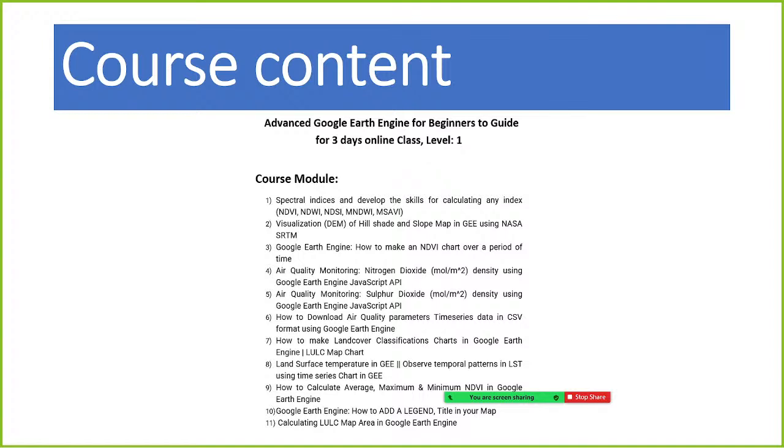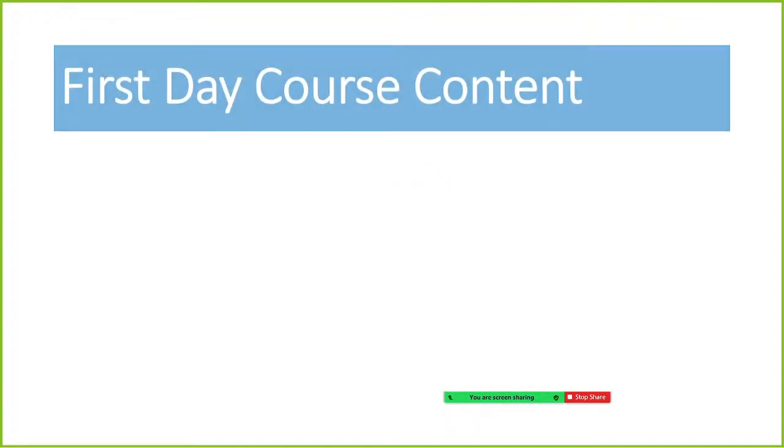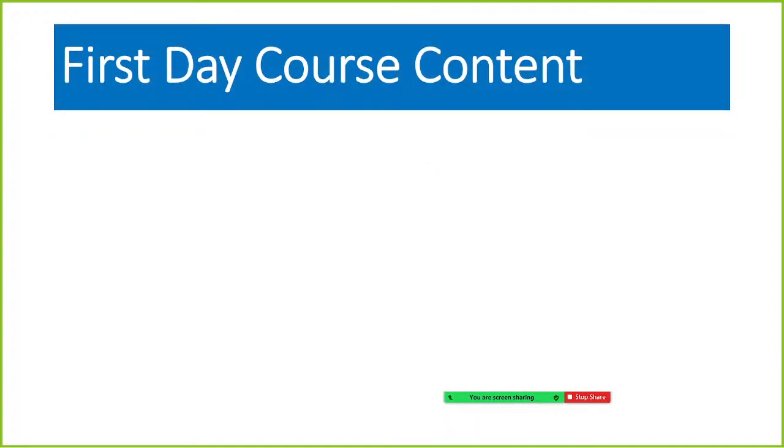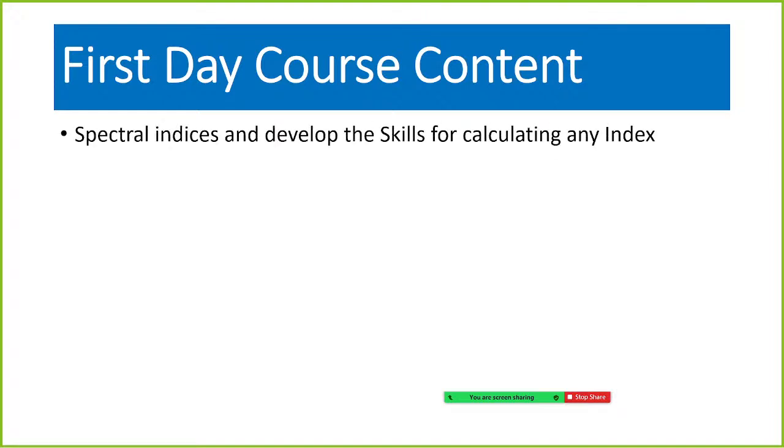Thank you, sir. Okay. So first of all, the first day course content is that I will discuss the spectral indices and develop the skill for calculating any index using the Google Earth Engine platform, and then how to remove cloud from satellite images. When you work with different types of satellite imagery, such as Landsat or Sentinel, you can see some cloud and haze in your satellite image.